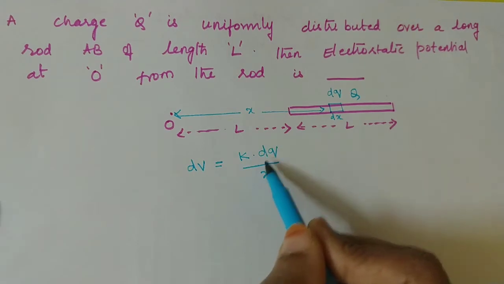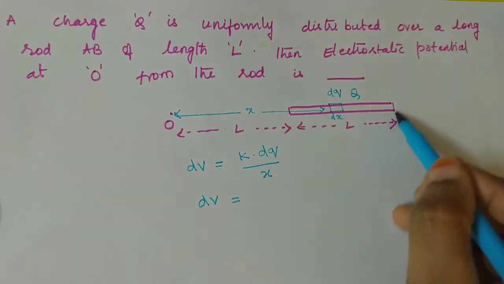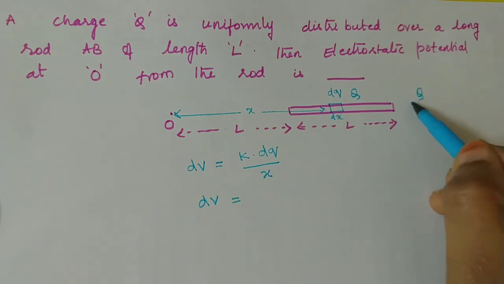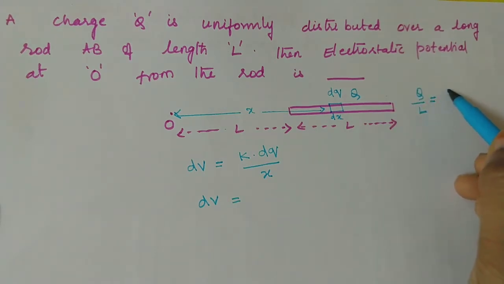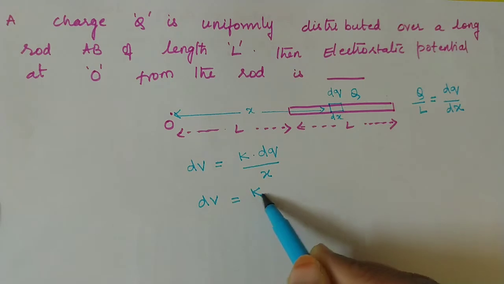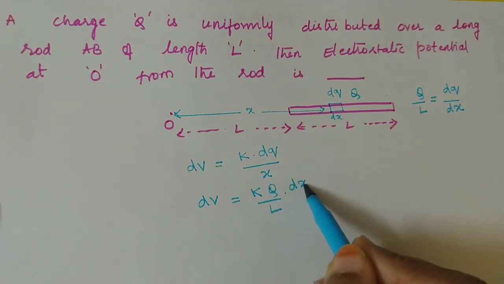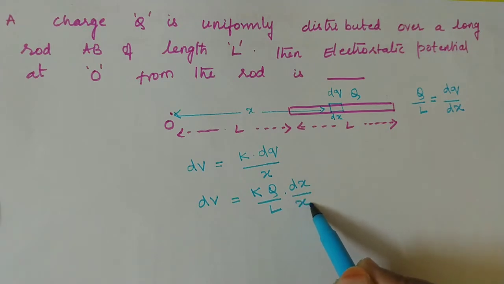Now you can replace this dq because the total charge is q on length L. Total charge by total length is the linear charge density, which should be small charge by small length, that is dx. So replace dq, with k as 1 by 4 pi epsilon naught, by q by L into dx, divided by x.